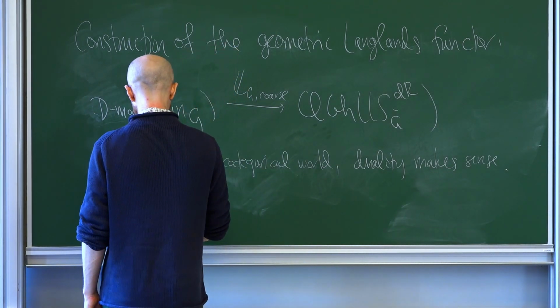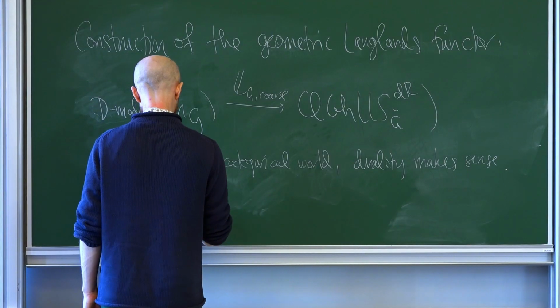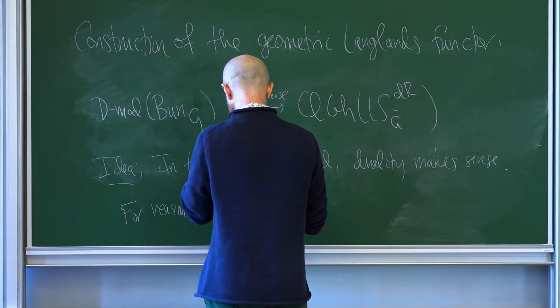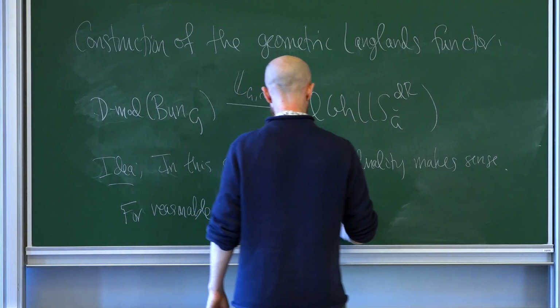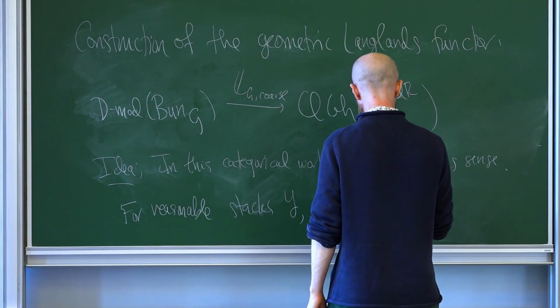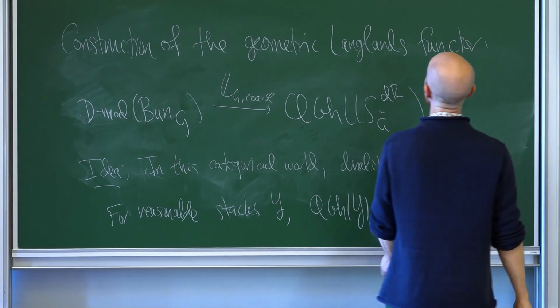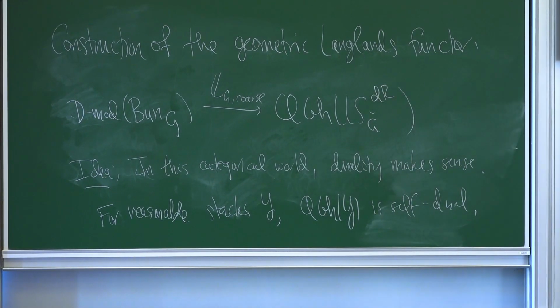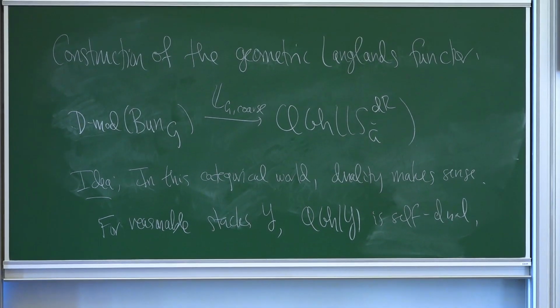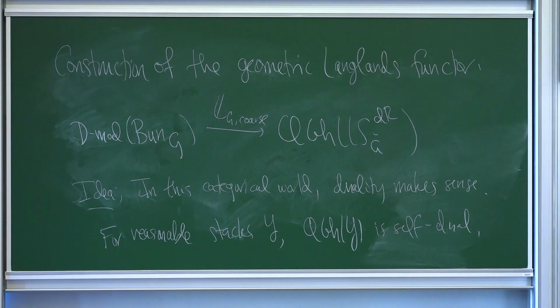And for reasonable stacks Y, QCoh of Y is self-dual, which sounds like an abstract statement, but it's quite explicit. Well, if you haven't seen this stuff before, it sounds abstract. Let me just very quickly say how it works.